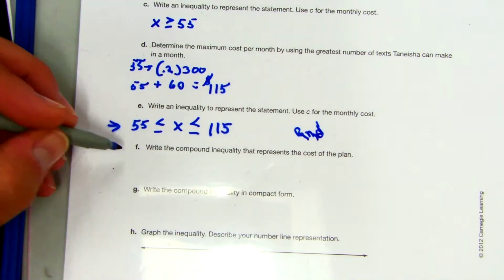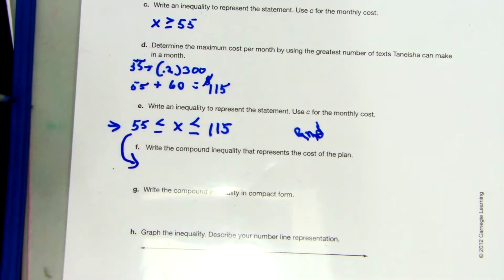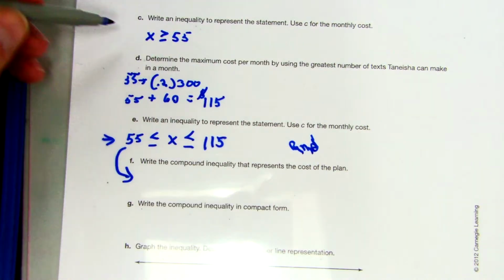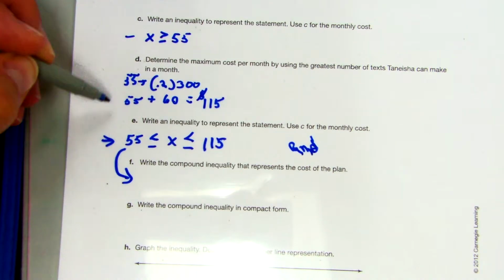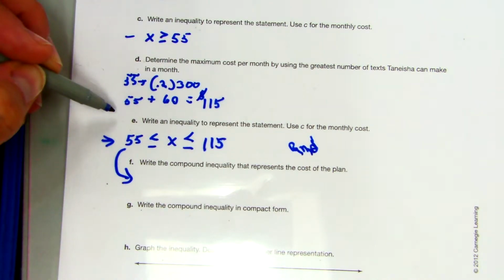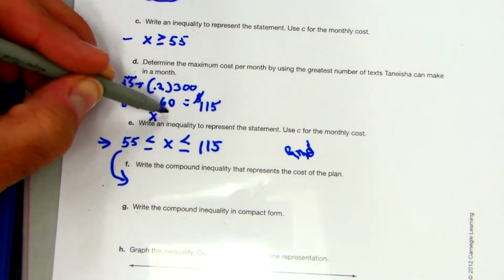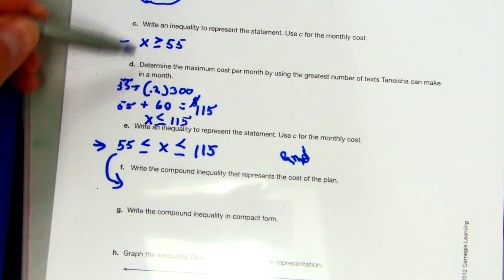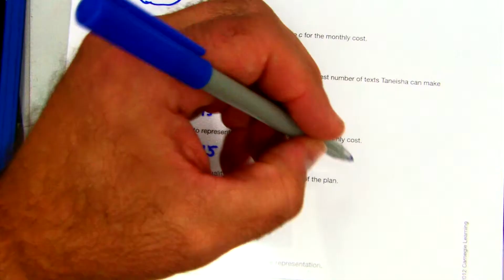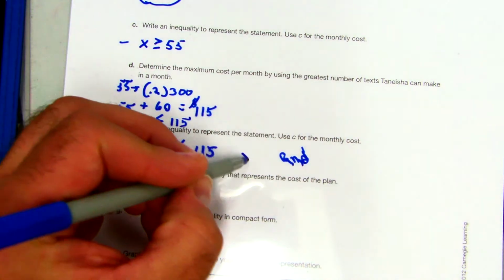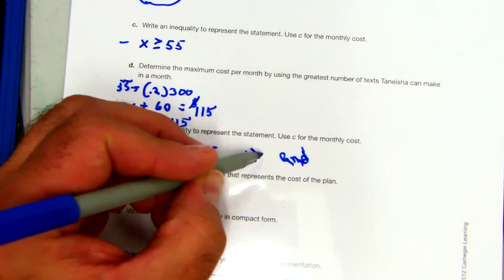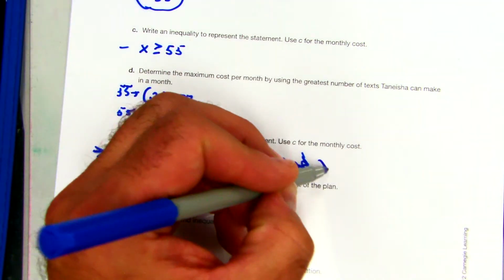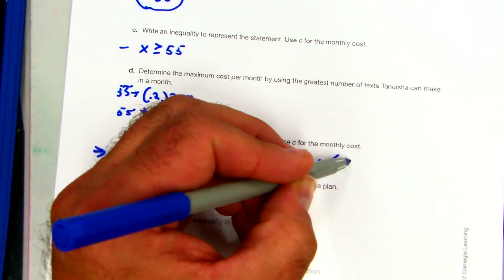So the next one asks us to write this in compact form. We've already done it. I will write this in the AND form, this and the 115. You just put the word AND in between both those statements. So in other words, you would have X is greater than or equal to 55 and X is less than or equal to 115.